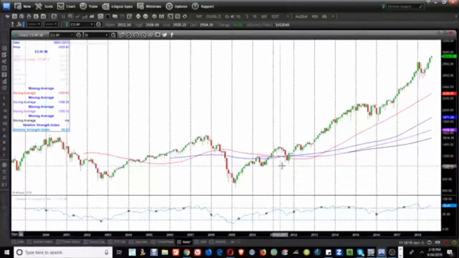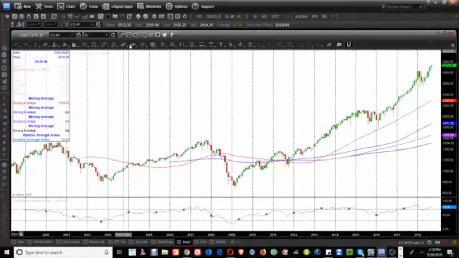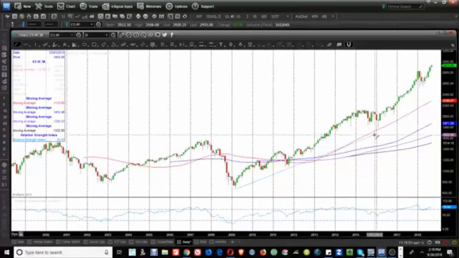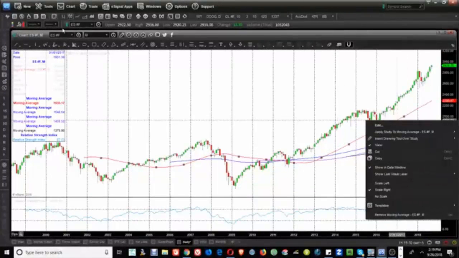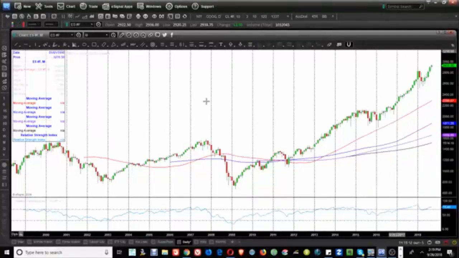From these 2009 lows, it hasn't even broken a trend line. If you want to draw this, it hasn't broken. Looks great, but we've got to have it pull back.